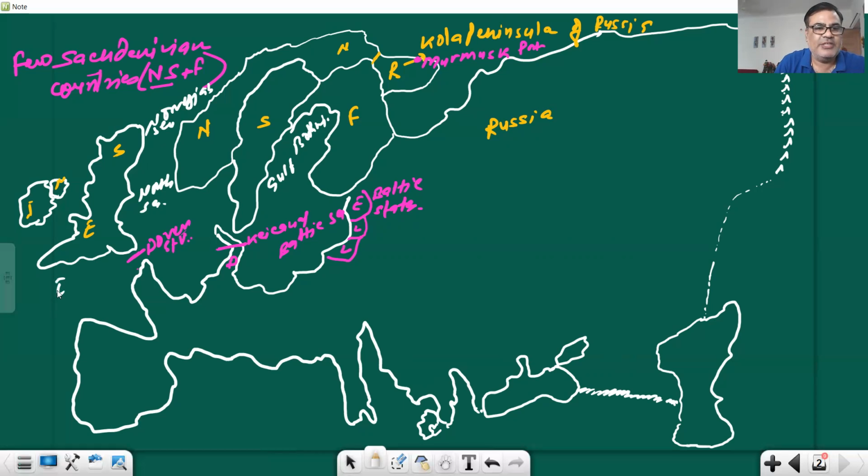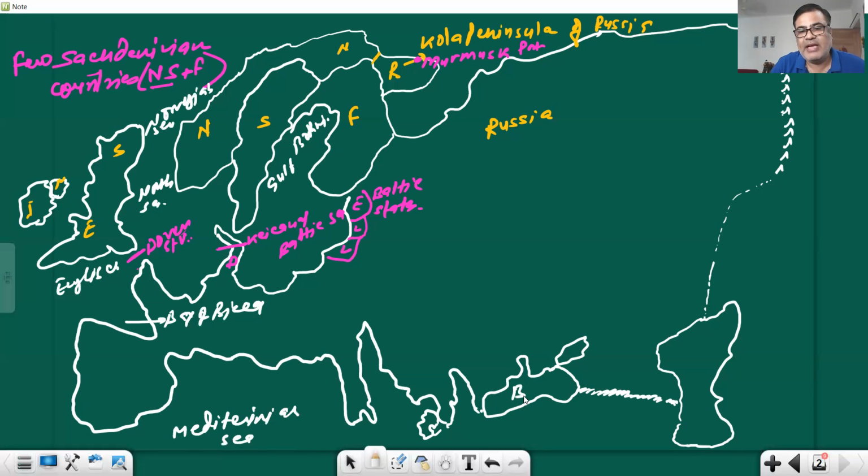Here it is the English Channel. Here it is the Bay of Biscay. And here it is the Mediterranean Sea. Here it is the Black Sea. Here it is the Caspian Sea. Here it is the Sea of Azov.